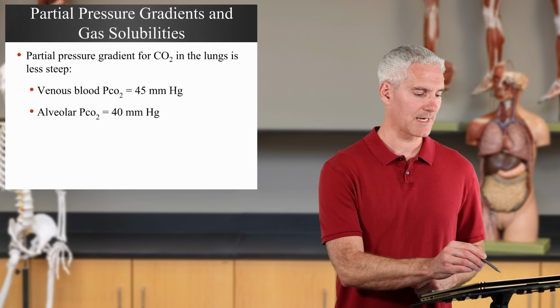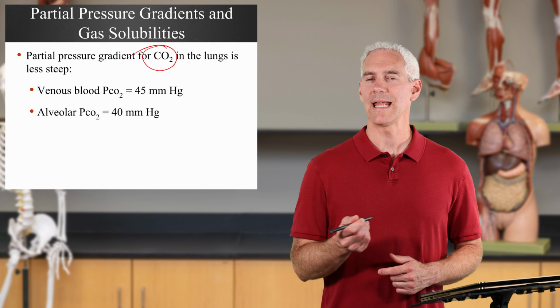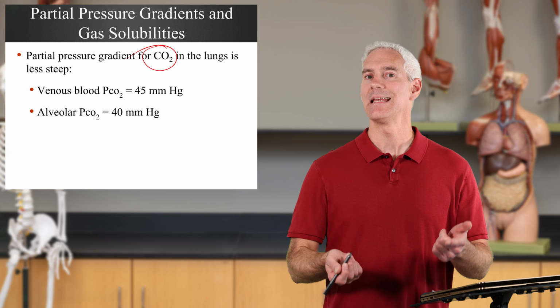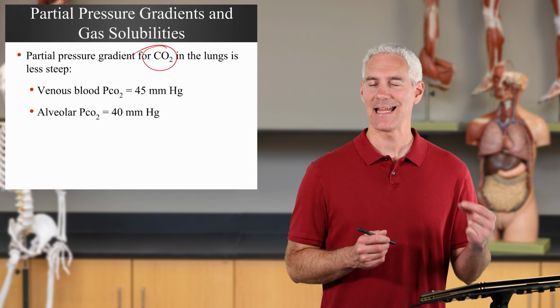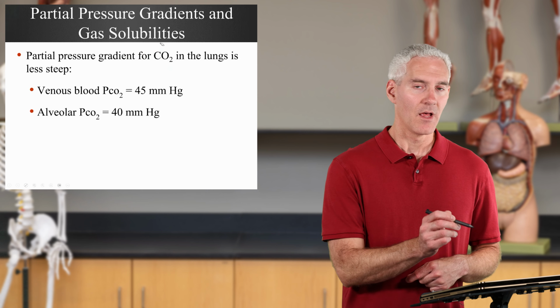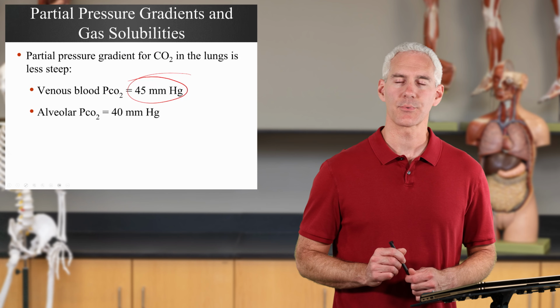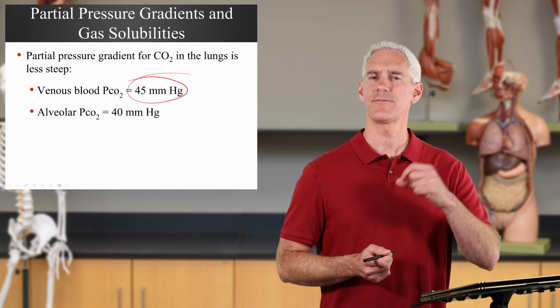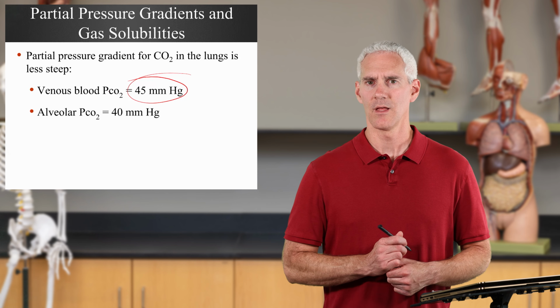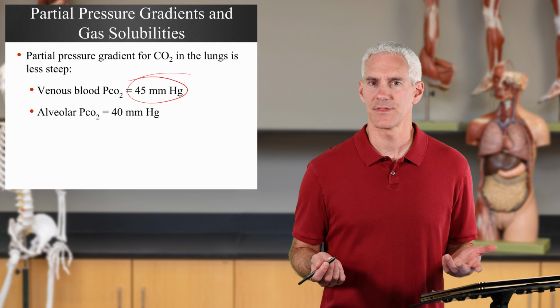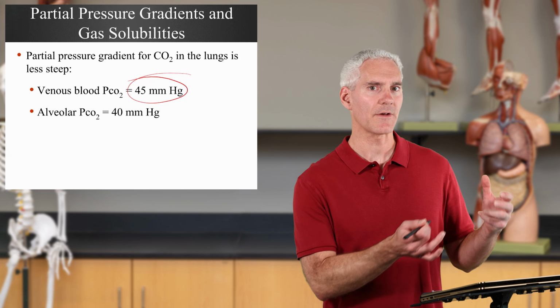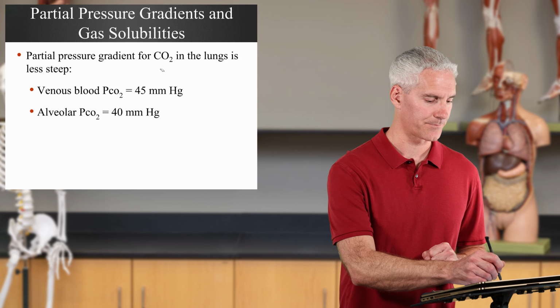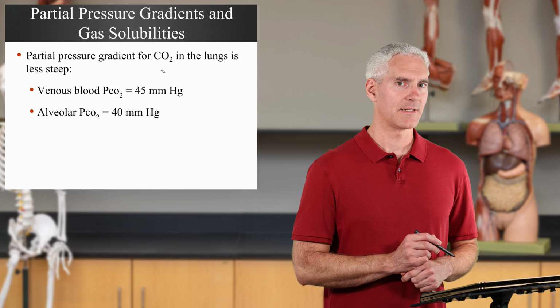All right, carbon dioxide time. We're looking at the partial pressures, again, inside the venous blood and inside the alveoli. Venous blood, partial pressure of carbon dioxide is 45 millimeters of mercury. Well, that's not that much different than the oxygen. Oxygen was 40 millimeters of mercury. But look at now.